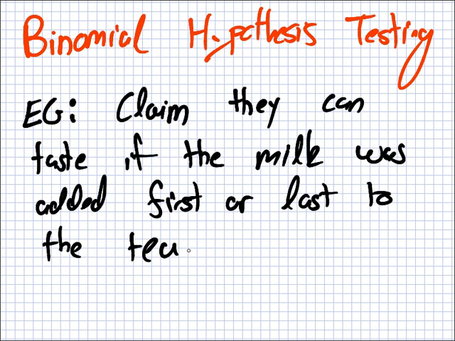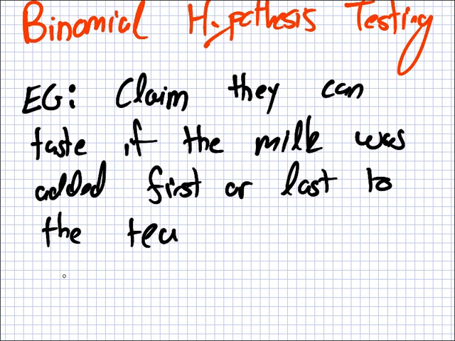Okay, so this person can tell if you put the milk in first or if you put the milk in last. Now this is the claim that they're making, so I want us to think about how we could test this claim.